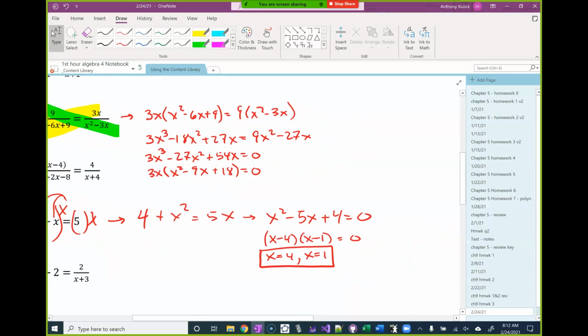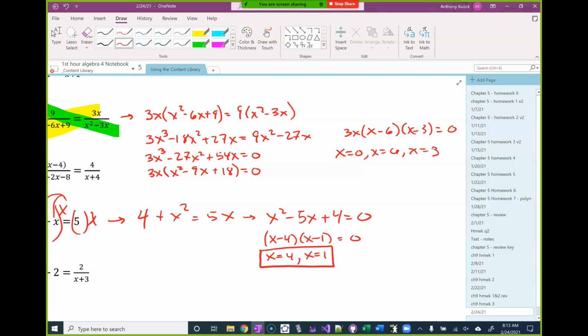Now we'll try to factor this. So two things that multiply to give us 18 and add to give us -3. That's going to be -6 and -3. And then when I solve this, I get 0, 6, and +3 as my three solutions.